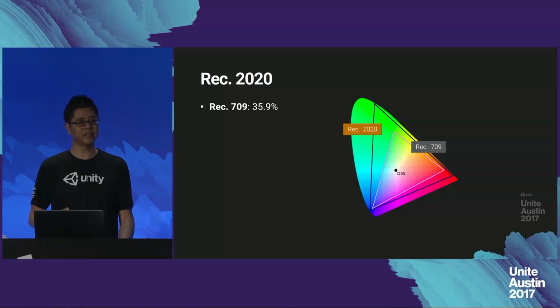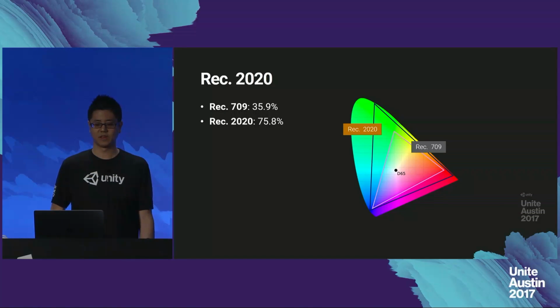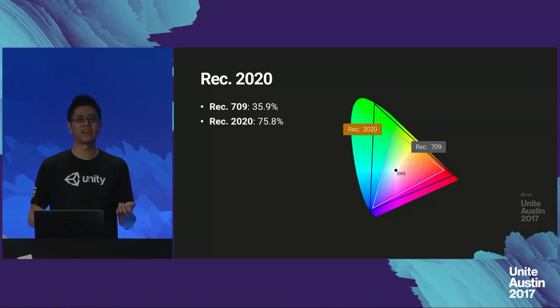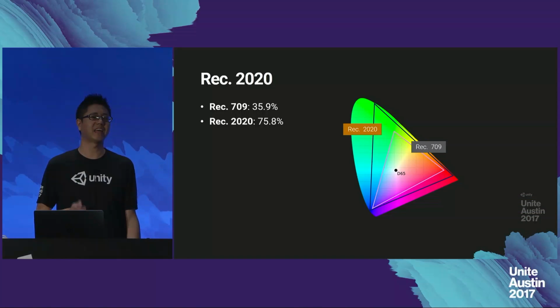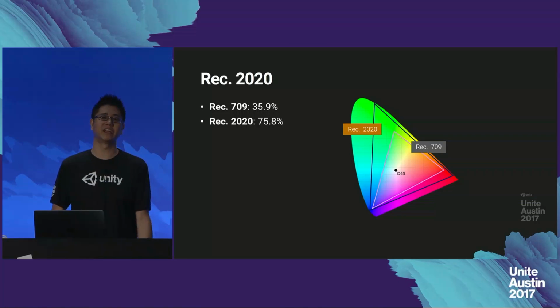HDR TVs, on the other hand, follow the newer Rec 2020, which covers over twice that surface area, reaching 75.8% coverage of the visible color spectrum. Now, it's incredibly important to note that the colors between Rec 709 and Rec 2020 are not actually visible on the screen, because the projector used in this room is not HDR capable.